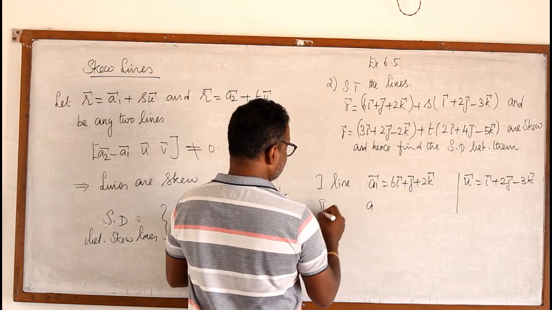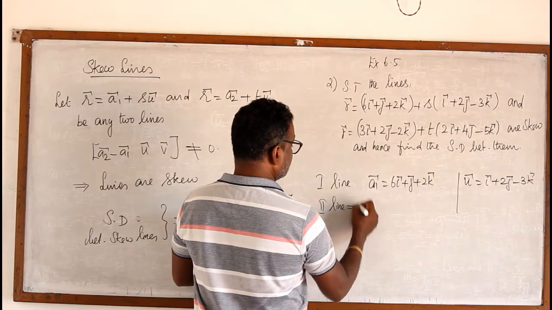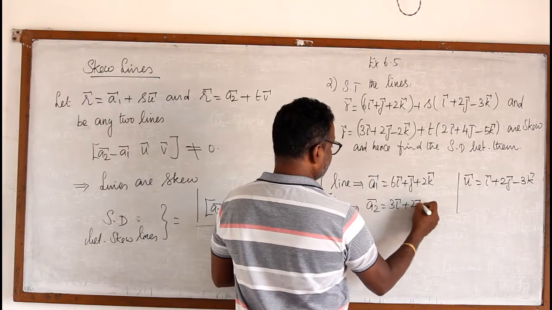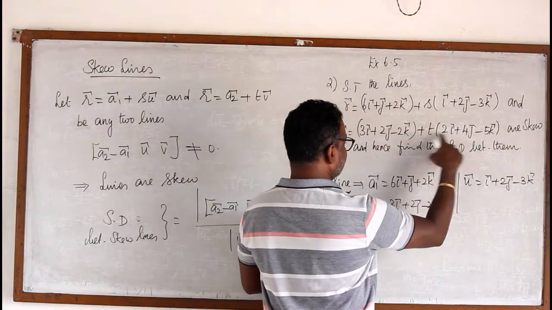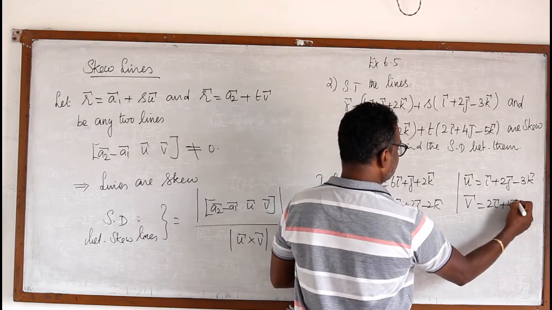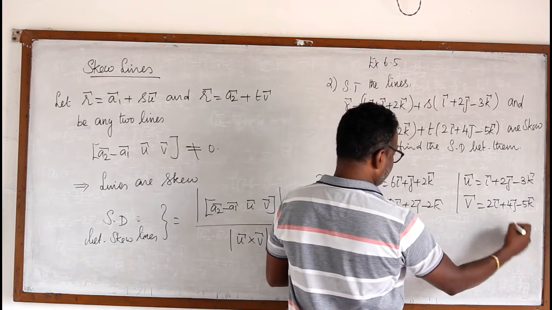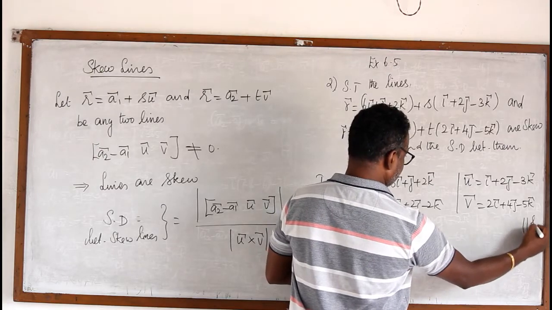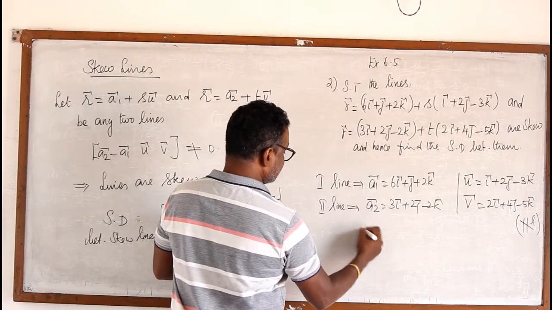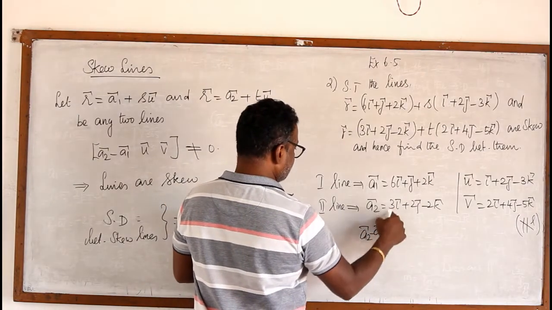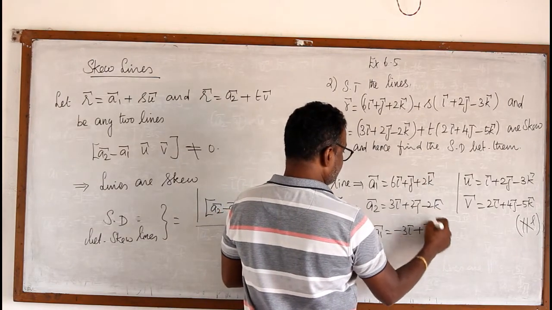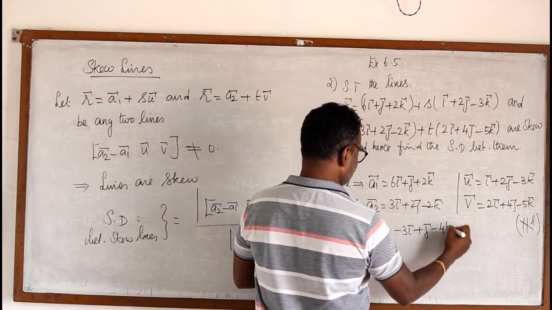From the second line, a2 vector is 3i plus 2j minus 2k, and v vector is 2i plus 4j minus 5k. Therefore, lines are not parallel because u and v are different. So, first we should find a2 minus a1: 3 minus 6 is minus 3i, 2 minus 1 is plus j, and minus 2 minus 2 is minus 4k.